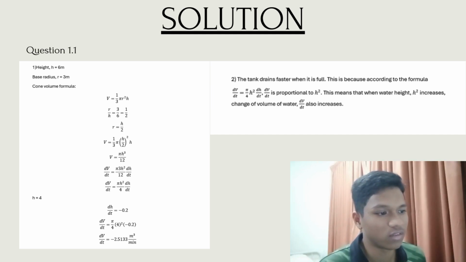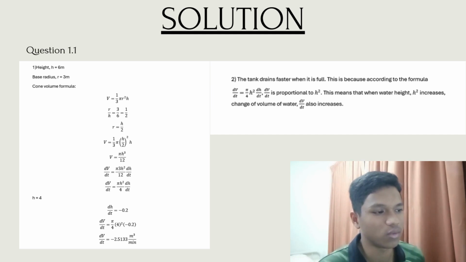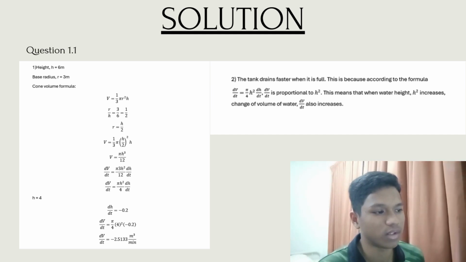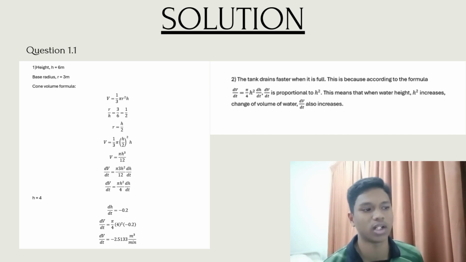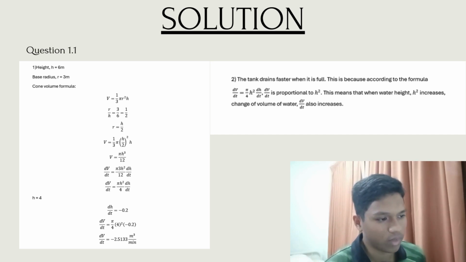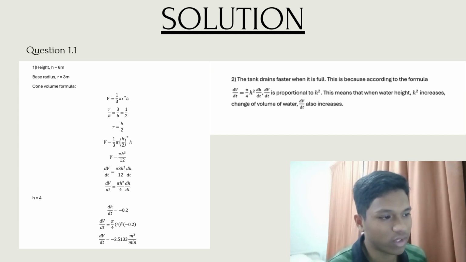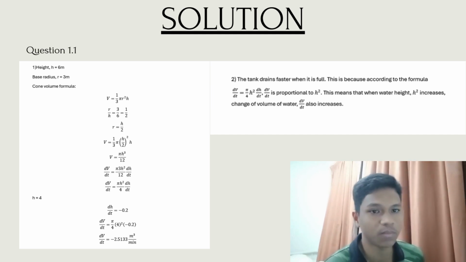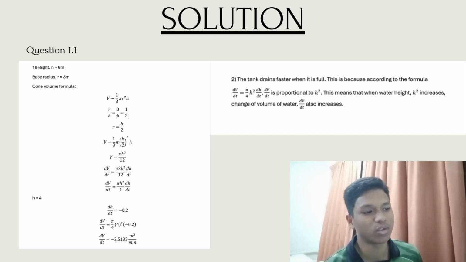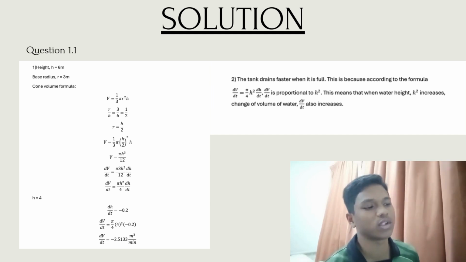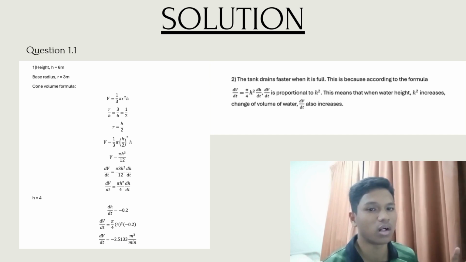Here we have the formula for the volume of a cone, V equals 1/3 times pi times r squared times h. This formula has two variables, r and h, and to calculate more easily, we have to transform it into only one variable.